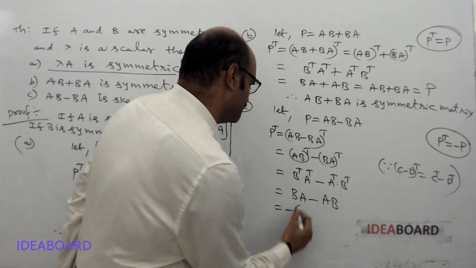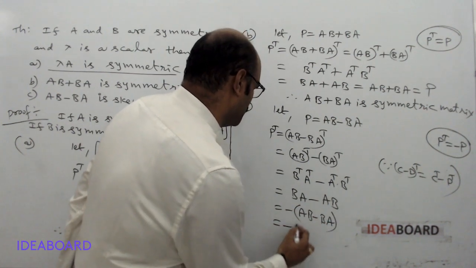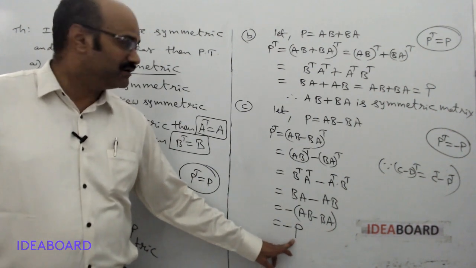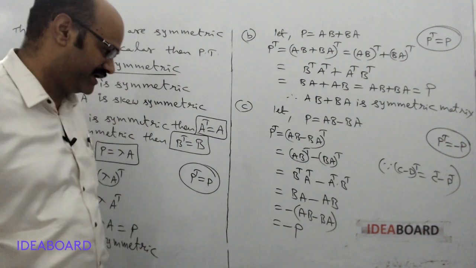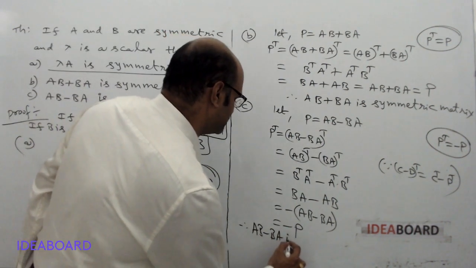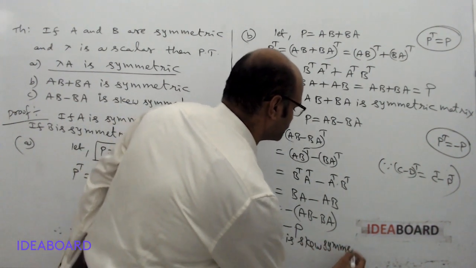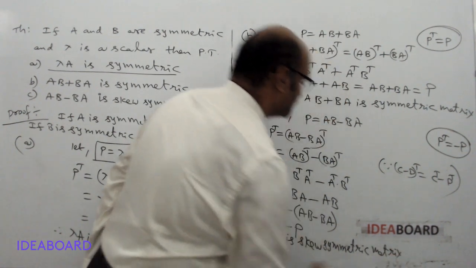It implies it's equal to minus, taking common, AB minus BA. So it implies equal to minus P. Since P transpose equal to minus P, we say that P equal to AB minus BA is a skew symmetric matrix. Therefore, AB minus BA is a skew symmetric matrix. Hence proved.